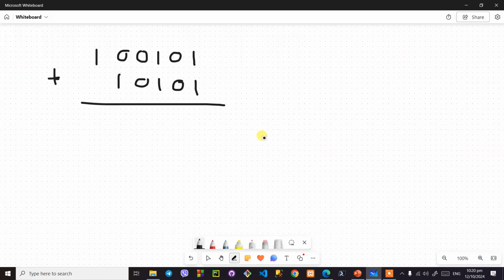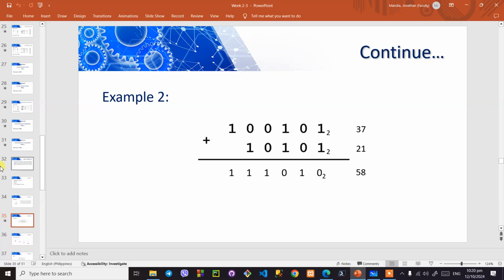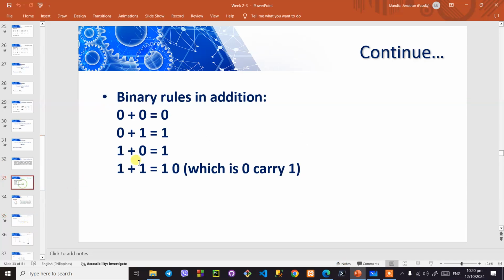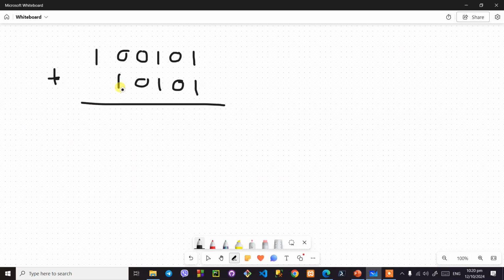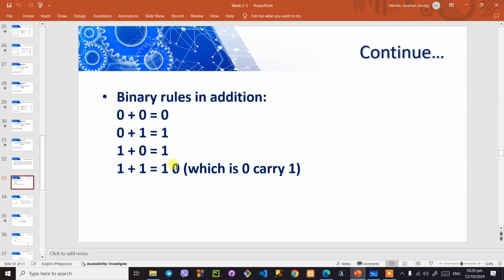So, as I've said, when you try to solve the arithmetic operator addition, we will follow the rule of our addition process. Okay? So, here is the rule. So, let's put it here. So, 1 plus 1 is 1. Ay, sorry. 1 plus 1 is 0 pala.